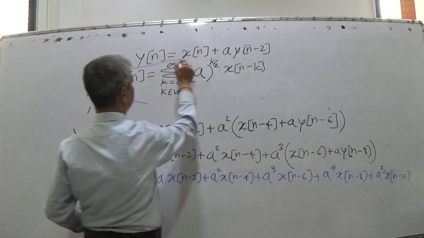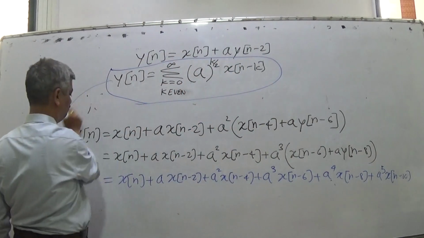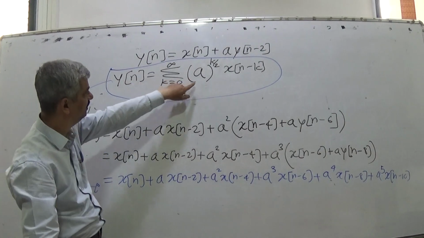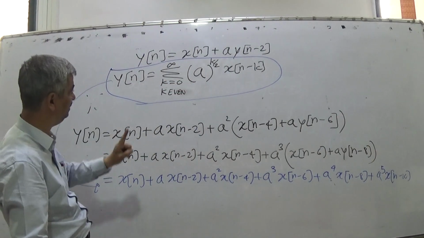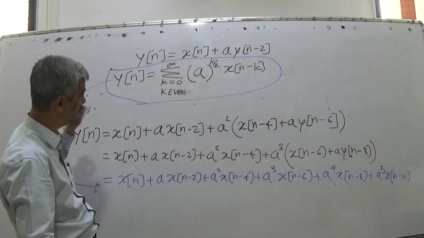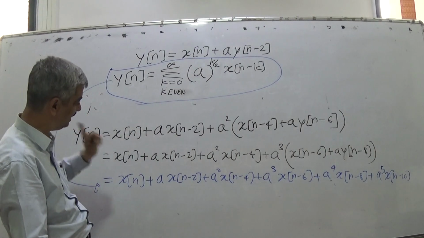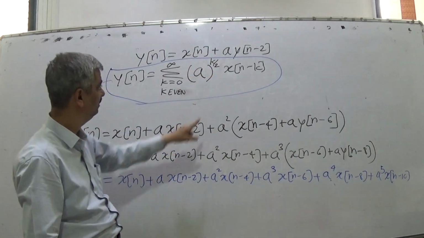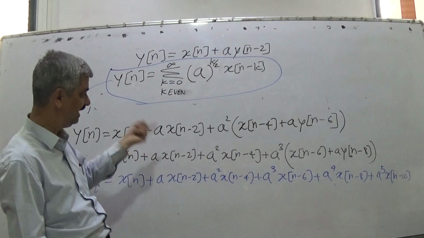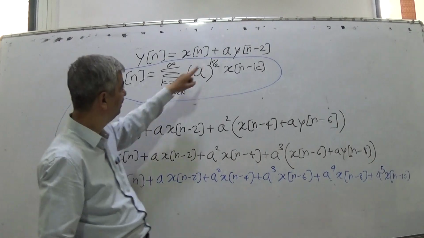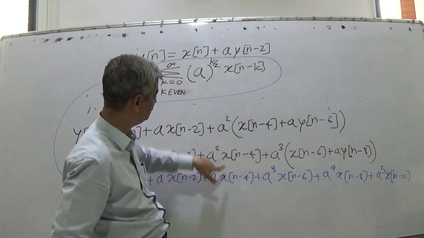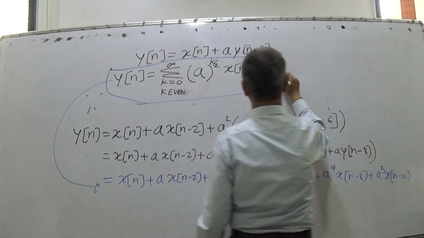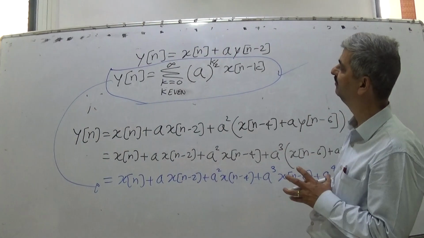Whether this expression fully gives me this result? Yes. k even: k0 gives xn, k1 no term, k2, when k is 2, a raised to 2 by 2, so a x of n minus 2, k3 no term, k4 when k is 4, a square x of n minus 4. So this is the expression, y is equal to this, right?